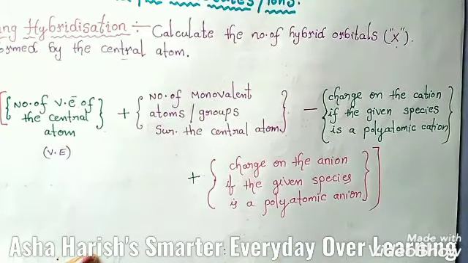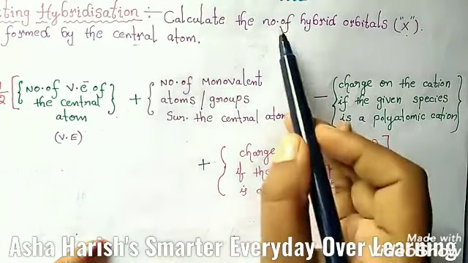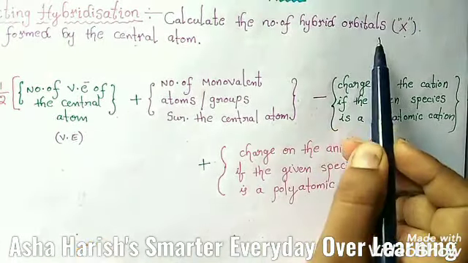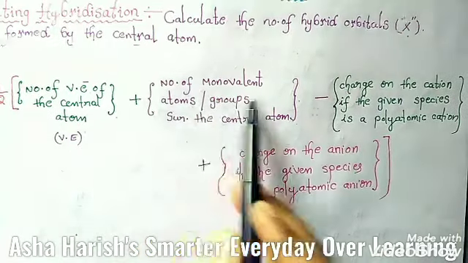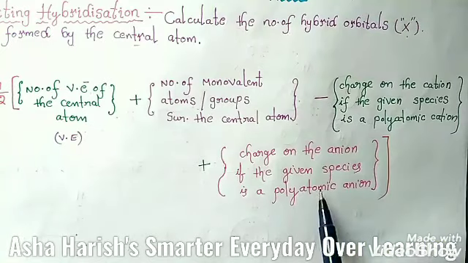Then students, to predict the hybridization, to calculate the number of hybrid orbitals, x value, you need to know the valency electrons of the central atom, the number of monovalent atoms, the charge on the cation and the charge on the anion.